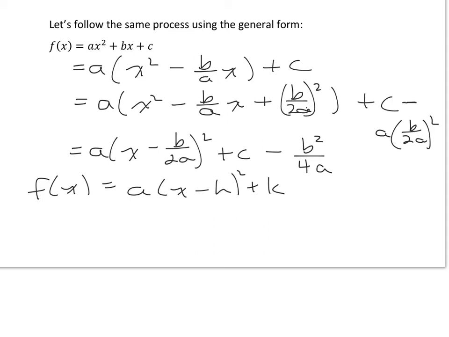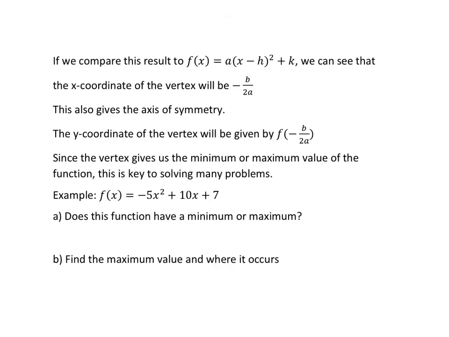So we can say that the x-coordinate of the vertex is going to be negative b over 2a. Remember the sign needs to change for the h, so the h would be negative b over 2a, which we've got right there. So that also gives us the axis of symmetry.